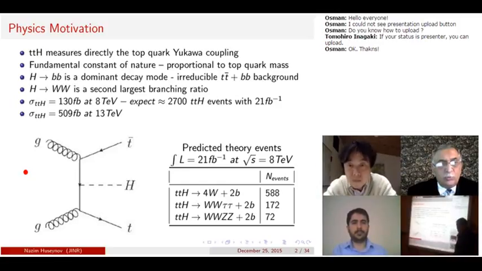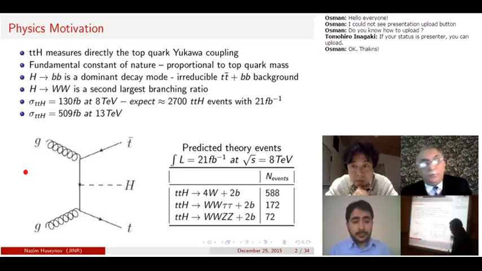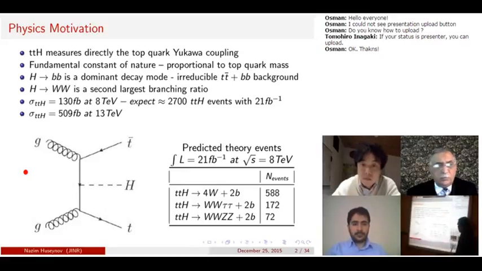From theoretical evaluation, for the ttH cross section at 8 TeV we have 130 femtobarn and expect 270 events. And ttH events in run 1 are around 21 inverse femtobarn.